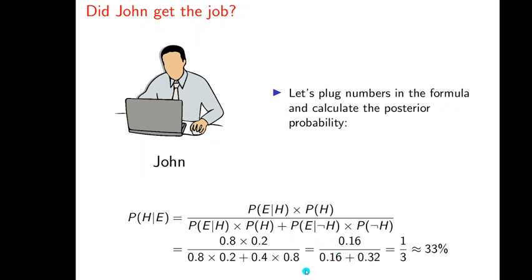If we calculate these values, we arrive at 1/3 or 33% chance that John gets the job, even if John is twice as qualified as all the other 4 candidates in the final interview.